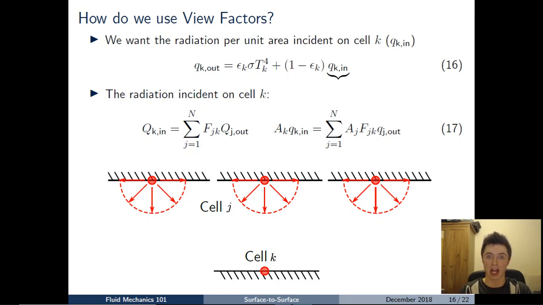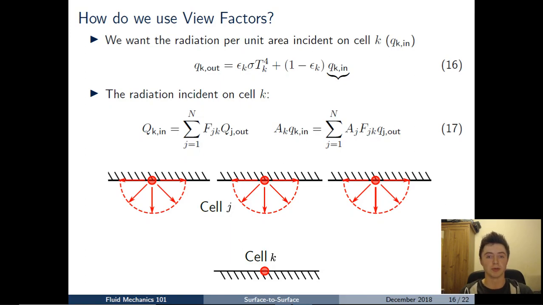That's all of the cells J. So remember here, we're looking at cell K, that's the cell we're interested in, and all of the other cells in the mesh are going to be given by the subscript J. So this time we're summing over J, and what we do is we multiply by the amount of radiation given off those cells, that's QJ, multiplied by their view factor, FJK. So the fraction of radiation from all of the other cells J that's incident on cell K. And we sum over all of those cells, and that will give us the total radiation incident on our cell K, which is what we want.